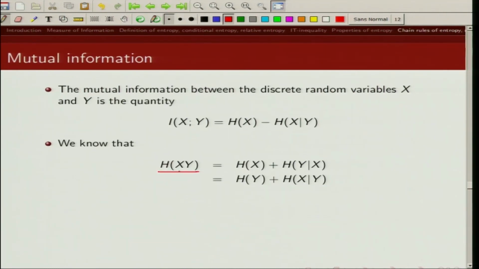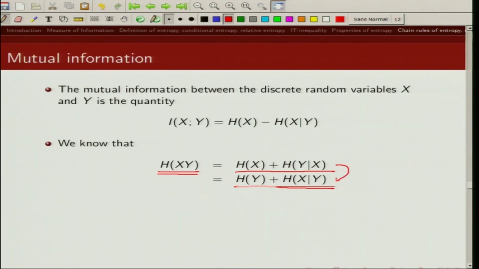Now we know that we can write this joint entropy using chain rule. We can write it in this particular fashion: H of x plus H of y given x. Now I again apply chain rule in a different fashion. So I can write this joint entropy as H of y plus H of x given y.